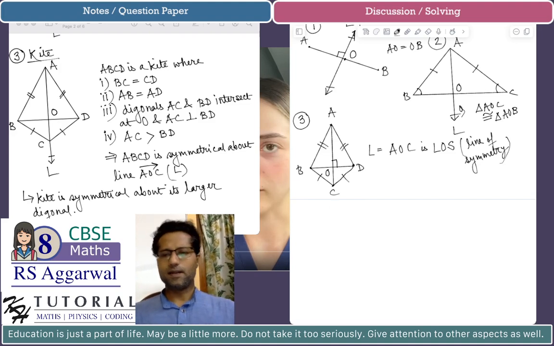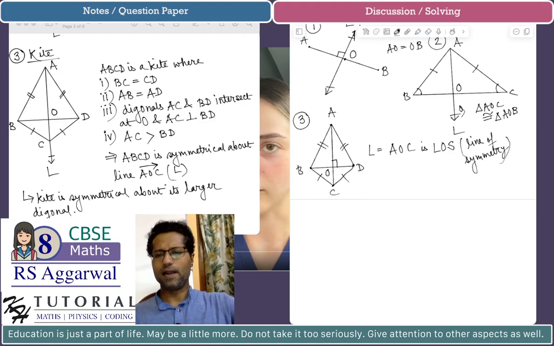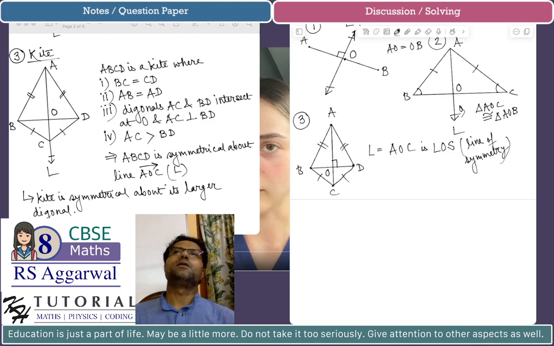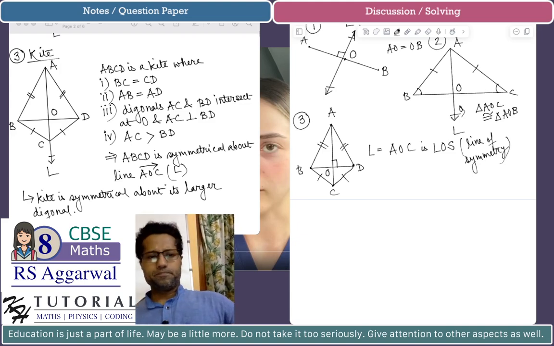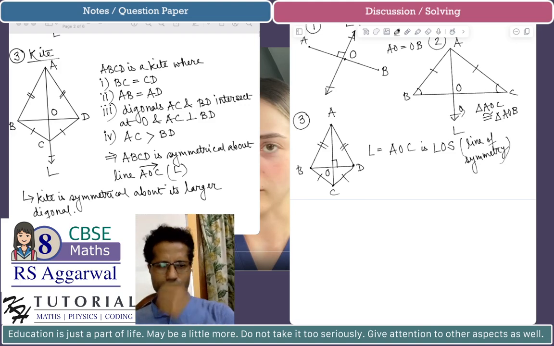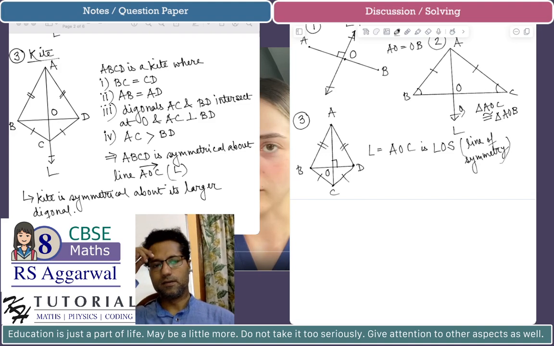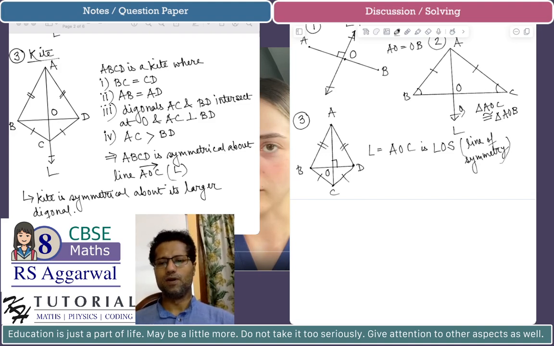The concept was that a kite will always be symmetrical about the larger diagonal, and if the diagonals are equal, no, sorry, it is not the fact that a kite is symmetrical about its larger diagonal, because it can be the case that the diagonals in a kite are equal.